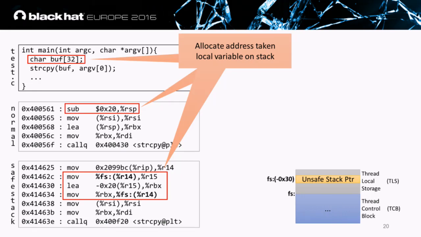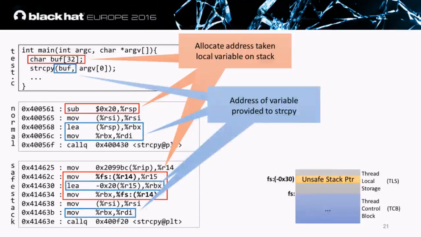So it doesn't use the RSP pointer, but it uses the FS register and takes an offset to get the unsafe stack pointer. So instead of using the RSP pointer and getting an address to the stack, it gets an address to the unsafe stack. So in the third block, in the safe stack example, it retrieves the address by reading the value in R15. And in the normal example, it uses RSP. Okay.